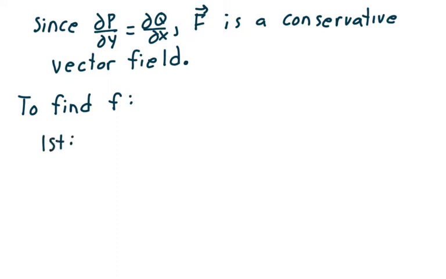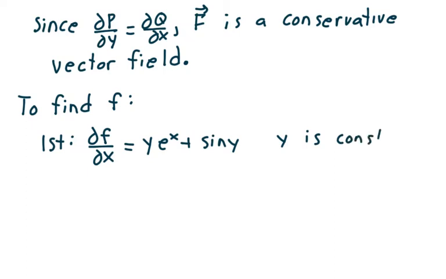First, I'm going to set the partial of f with respect to x, that's the first component of that gradient, okay? Now, that's going to be y e to the x plus sine of y. Now, I always want to remind myself y is constant. Always keep track of what's constant.